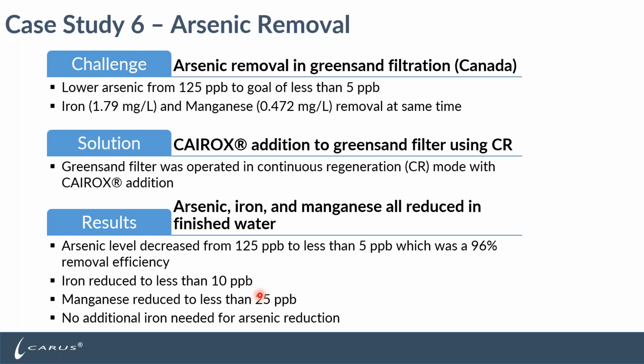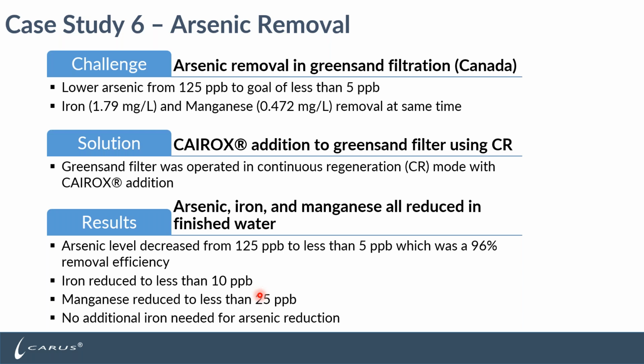And one final case study here. This is again for arsenic removal, this time using a green sand filtration process. The challenge for this site was to lower arsenic from 125 parts per billion to a goal of less than 5. The solution this time was to operate the green sand filter in continuous regeneration mode with Carus potassium permanganate addition, so our solid product.